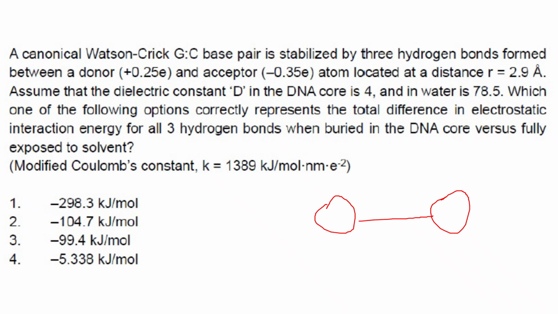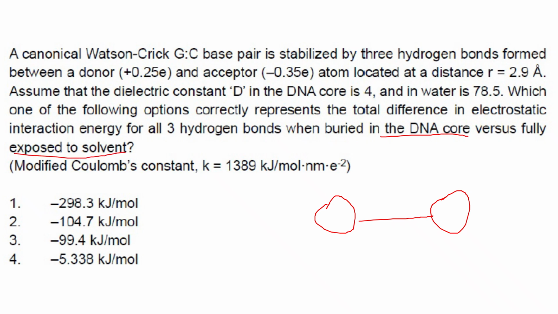Assume that the dielectric constant D in the DNA core is 4 and in water it is 78.5. Which one of the following options correctly represents the total difference in electrostatic interaction energy for all 3 hydrogen bonds when buried in the DNA core versus fully exposed to solvent?